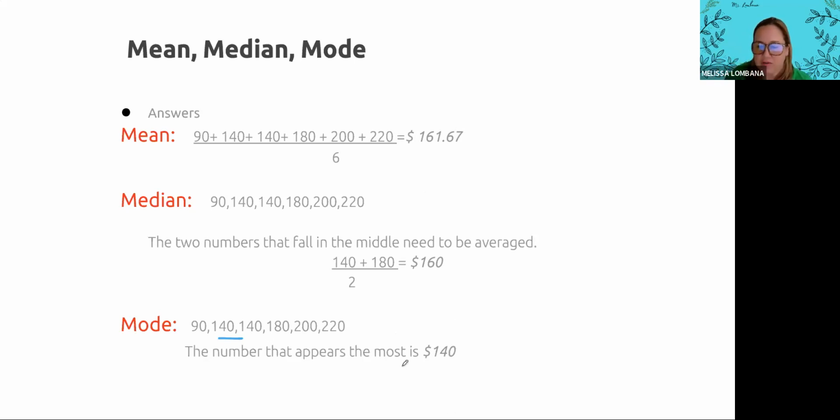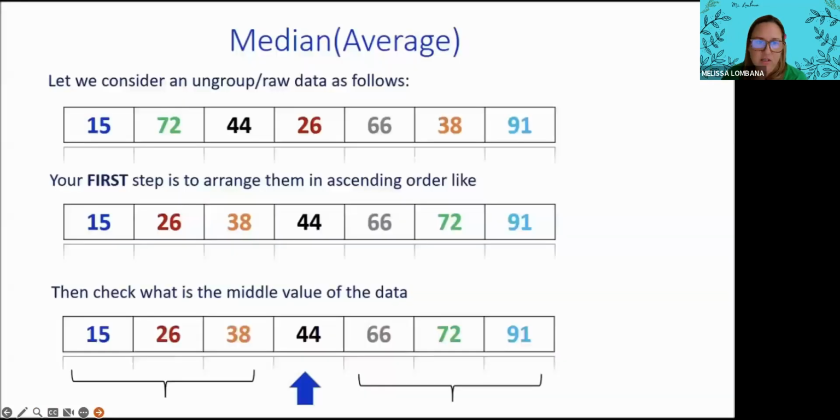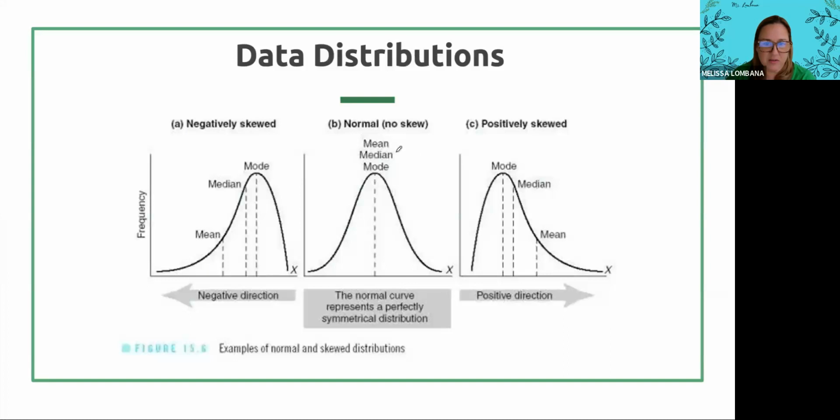And then the mode, as you see, is 140. It's not a great indication of what the average is. Now you've got to know how to calculate, which we just did, right? And I'm not going to go over that, but I do want to talk about how the data is distributed.